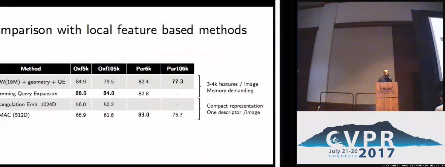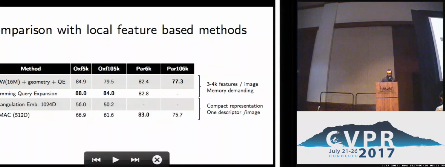Now to see a comparison with such a descriptor, which is a compact image descriptor, we have a global image vector, one descriptor per image, compared to prior work on compact image descriptors based on local features. The descriptor from a pre-trained network already does much better.